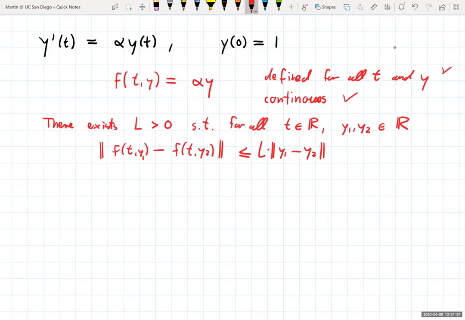And that is actually, well, extremely easy in this case. Namely, we have alpha y1 minus alpha y2. Okay, this can be bounded from above by the absolute value of alpha times the absolute value of y1 minus y2.